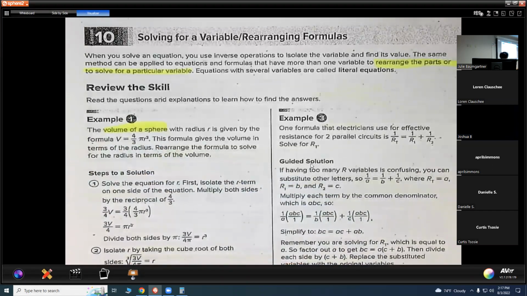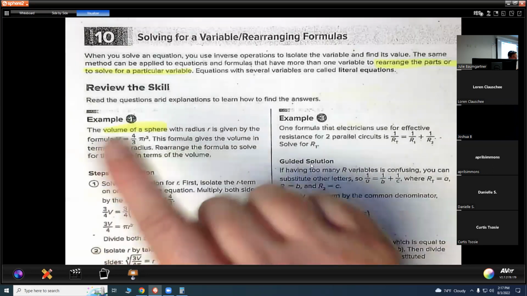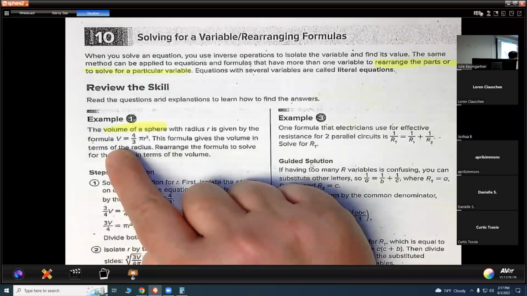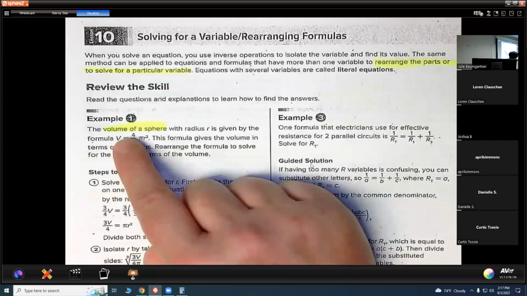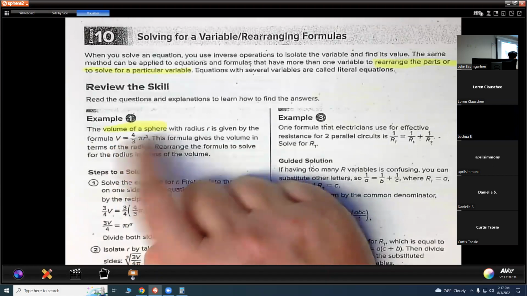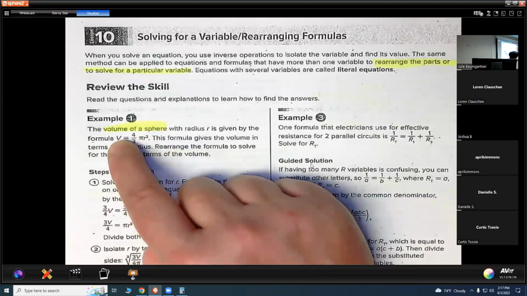Formulas are equations, but they're more like recipes to calculate something. Usually what you're trying to calculate is alone on one side. So once again, to calculate the volume of a sphere, big V stands for volume.